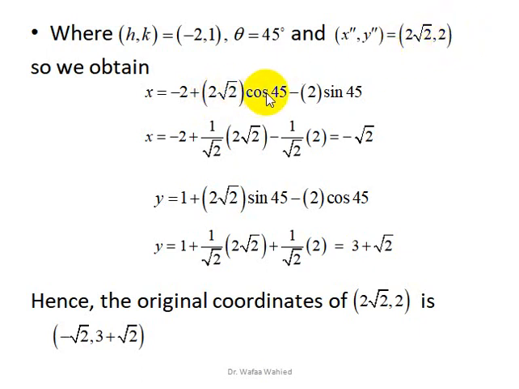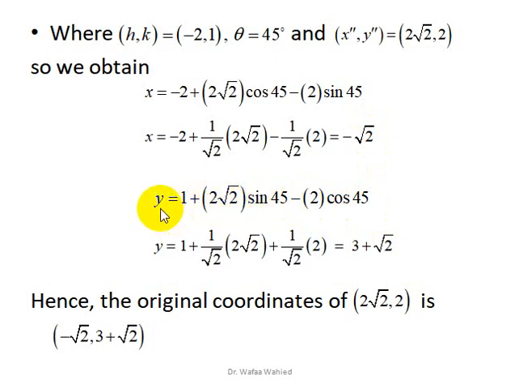So we obtain x equal to h, that is -2, plus x double dash cosine 45 degrees minus y double dash, that is 2, sine 45 degrees. So we will have this equation. So x equal to minus square root of 2.